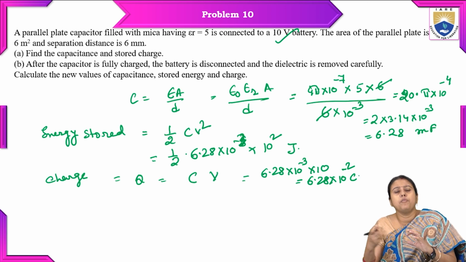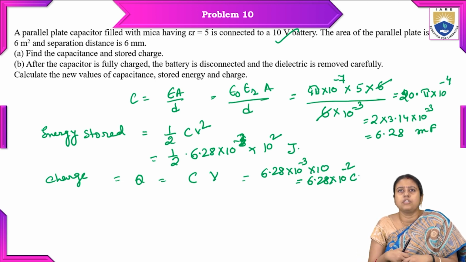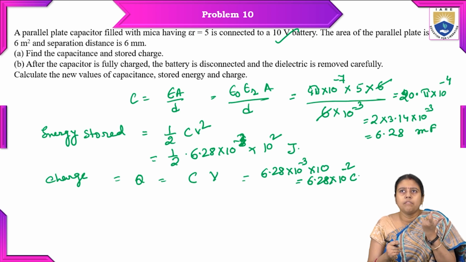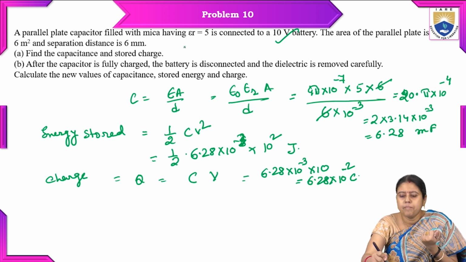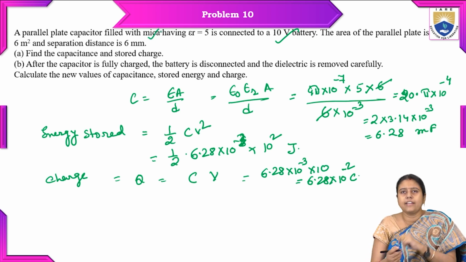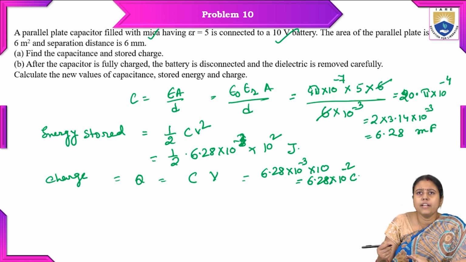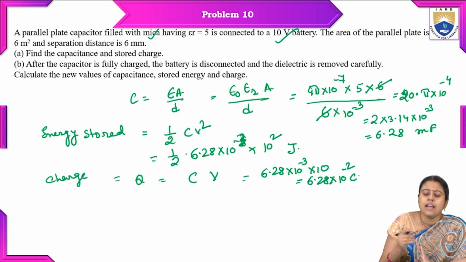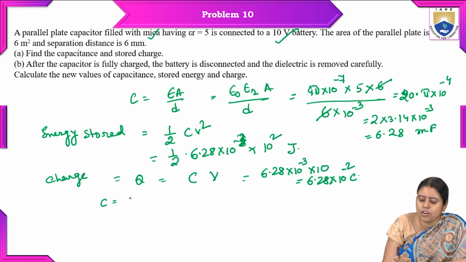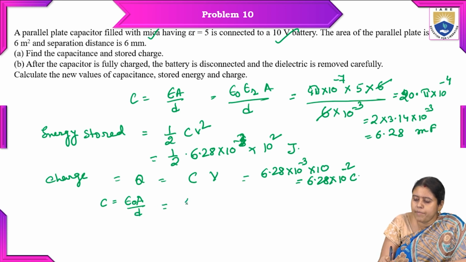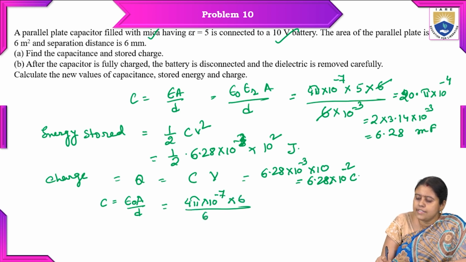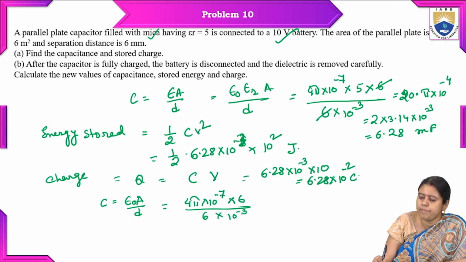Now we have removed the battery and we are taking out the mica. Mica is the dielectric. So what will happen? What will be the new value of the capacitance? Now the capacitance is equal to epsilon naught A by D. So same value, 4 pi into 10 to the power minus 7 into 6 by 6 into 10 to the power minus 3.